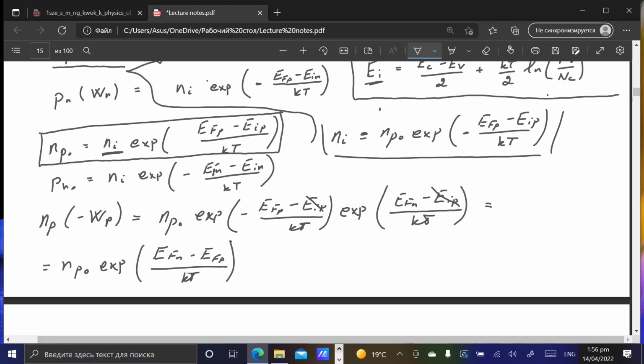What is the reason for pushing this system out of equilibrium condition? That is external bias. So it's actually this potential difference which we apply to the terminals of this p-n junction. So that will be Np naught times exponent, and this difference between quasi-Fermi energy levels could be substituted by QV divided by KT.